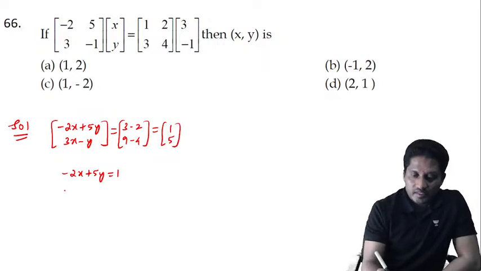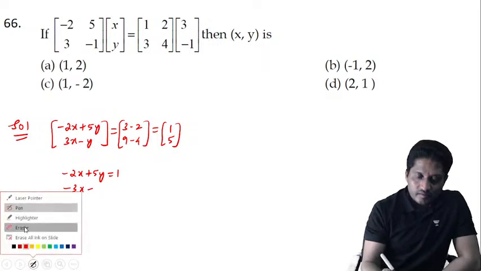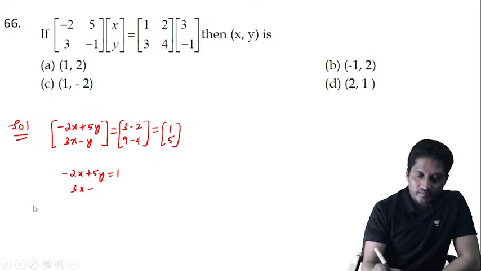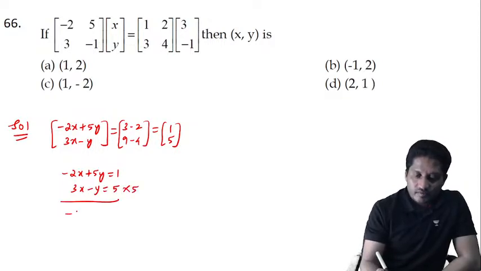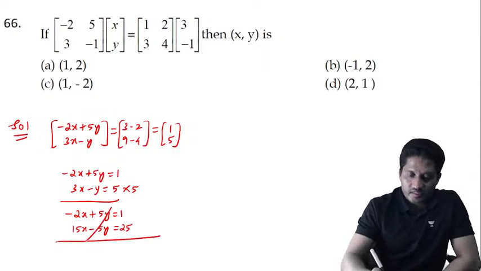Yes. And then you get minus 3x minus y is equal to 5. I'll multiply this by 5. Minus 2x plus 5y is equal to 1. You multiply by 5, you get 15x minus 5y is equal to 25. It will cancel.